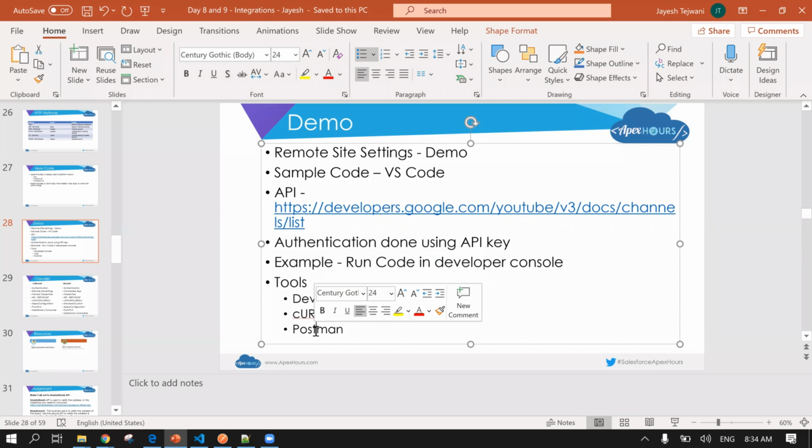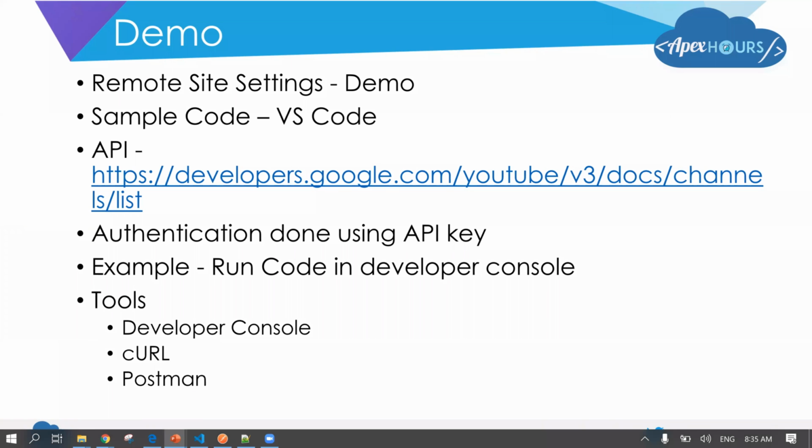I could have used the Postman tool also, and I could have run this request, and I would have got the response in the Postman tool. I could use other tools like curl. So you could use these tools to understand. You can call the third-party APIs, or call REST APIs or SOAP APIs.